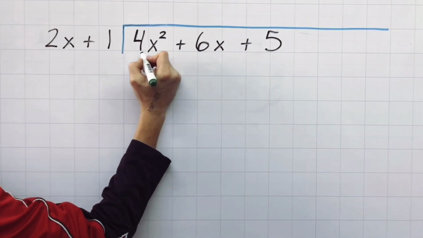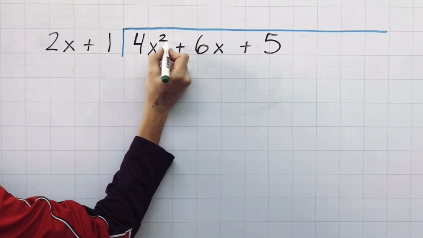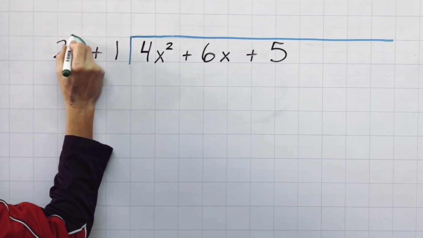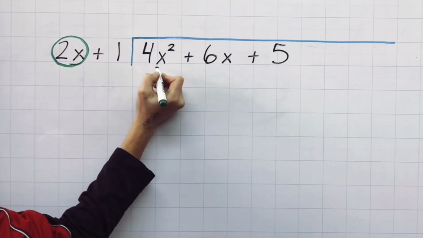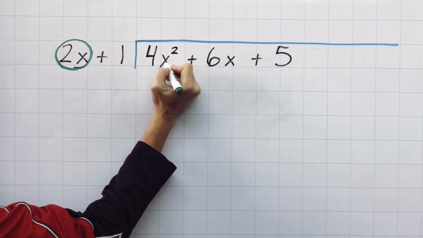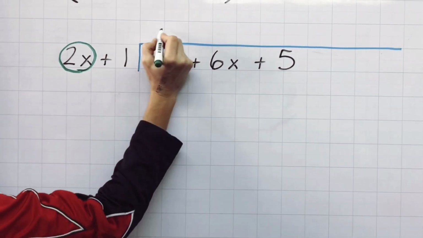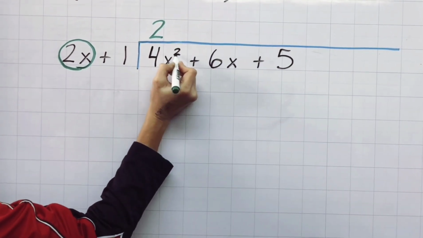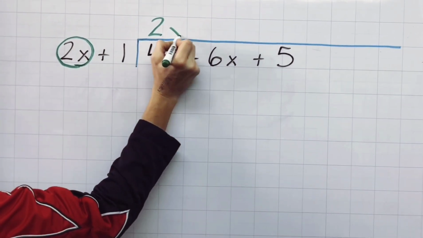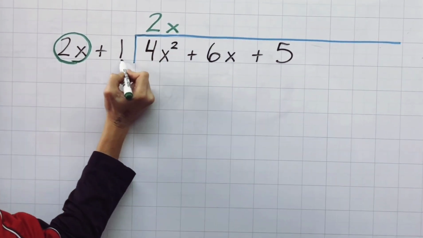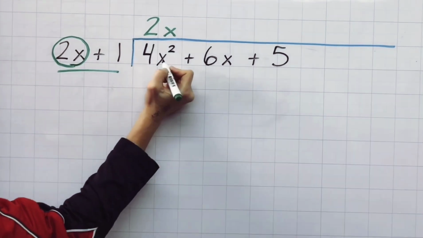So we start this division by looking at the first term. We have 4x squared. The only part of this that we're going to be concerned with is actually the very first part, which is 2x, when we are dividing. So we have 4x squared divided by 2x. 4 divided by 2 is 2. X squared divided by x is x. But then I'm going to multiply this 2x times both parts of the divisor.